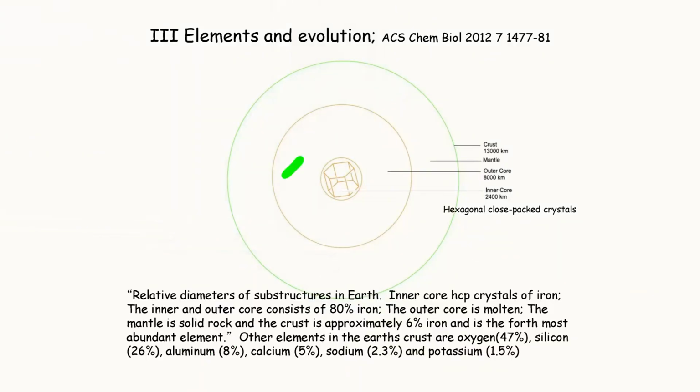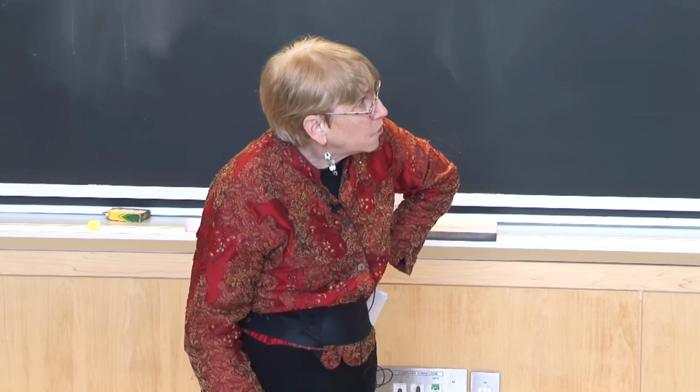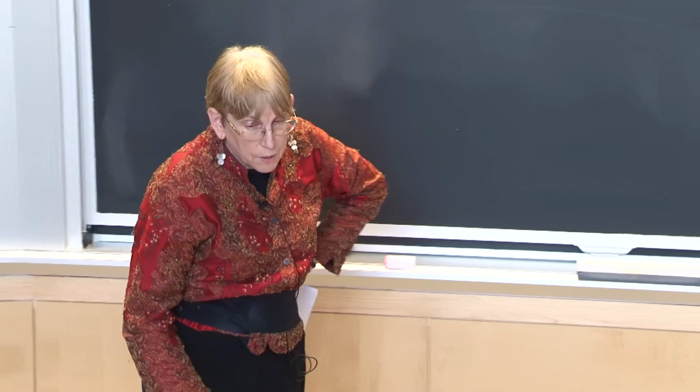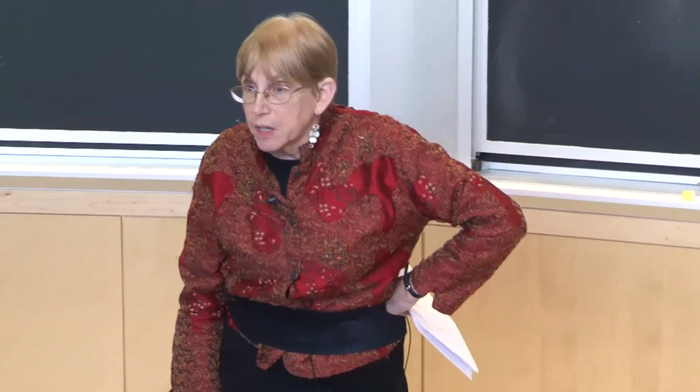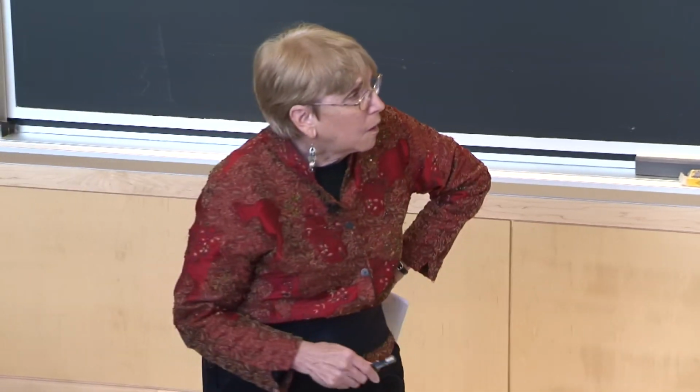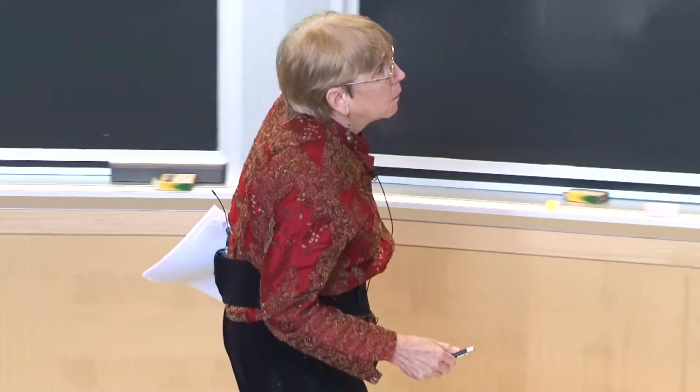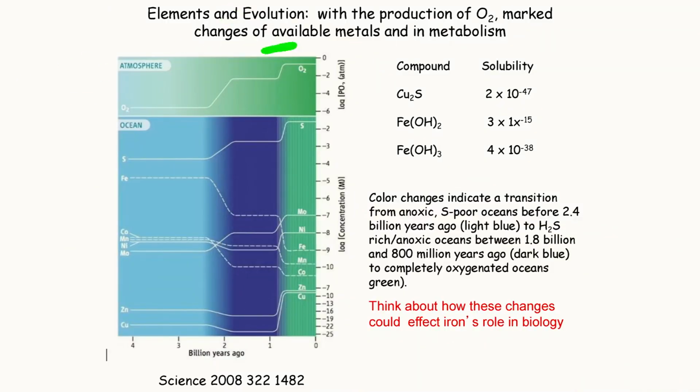So iron is everywhere. The most abundant element in terms of mass is iron, okay? And so iron, you might expect from this description, to be front and center, and in fact, it is front and center. And the other thing you can think about is solubilities and evolution from the beginning, where we were in a completely anaerobic world.